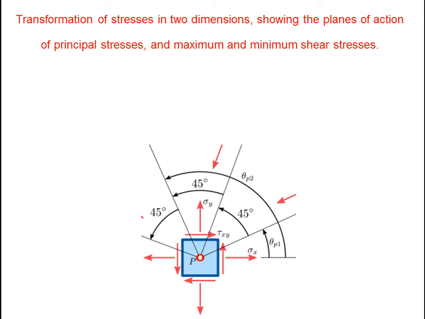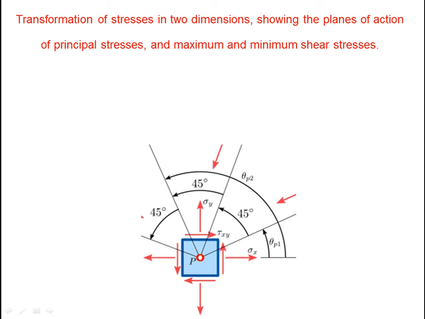So this is our question figure where there is a block, and the normal stresses sigma x and sigma y are acting on the vertical and horizontal planes. In the vertical plane, the shear stress is acting in the vertical direction, and the shear stress in the horizontal plane is acting in the horizontal direction as shown in the figure.